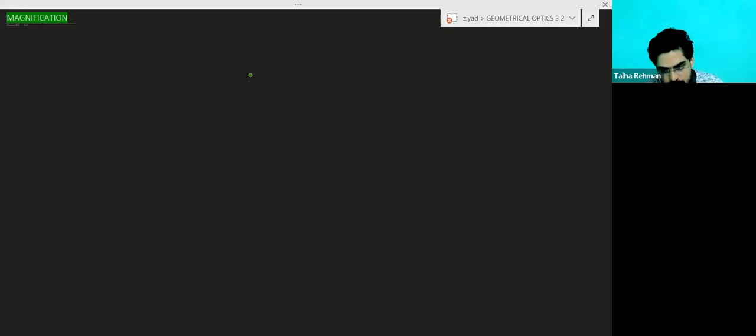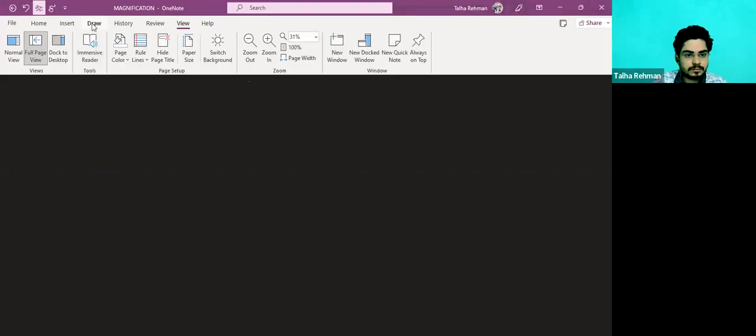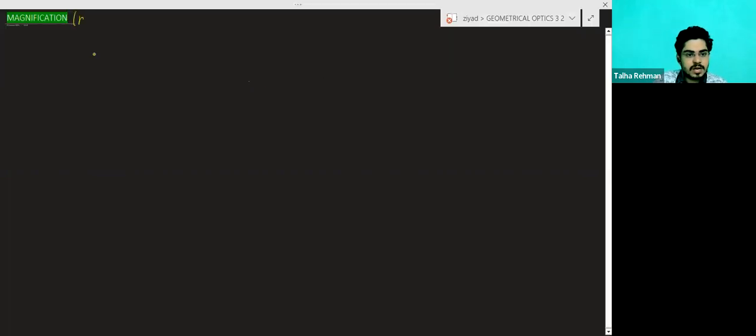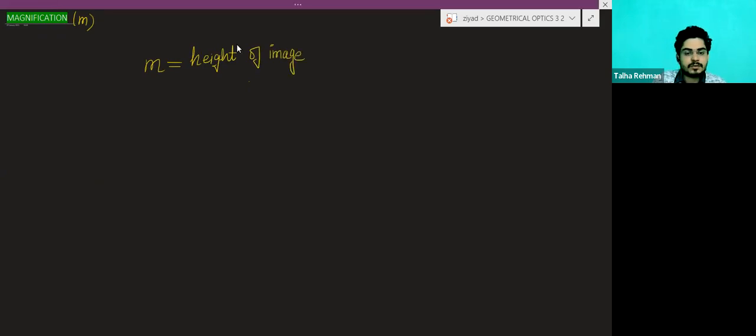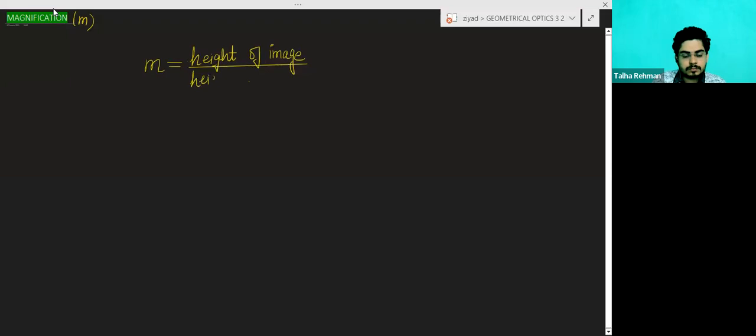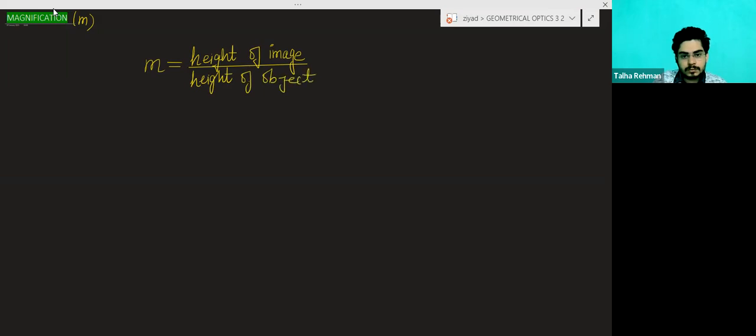Magnification of lens is represented by small m, and this small m is given by height of image divided by height of object. It is equal to height of image divided by height of object, and this is also equal to position of the image divided by position of object.